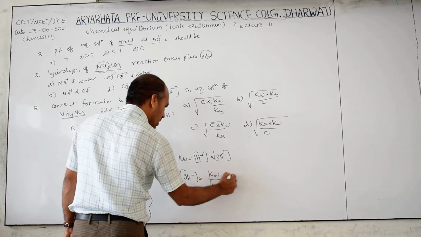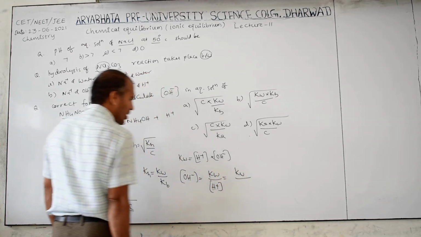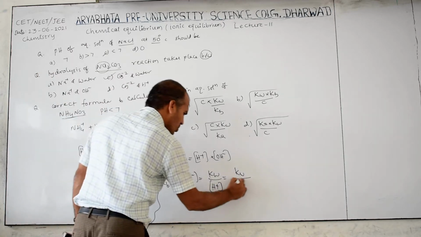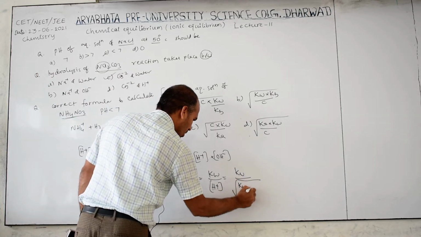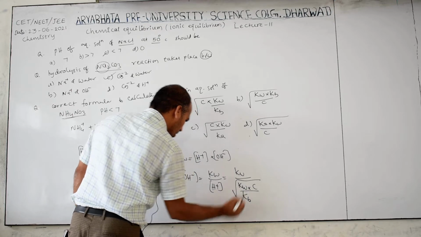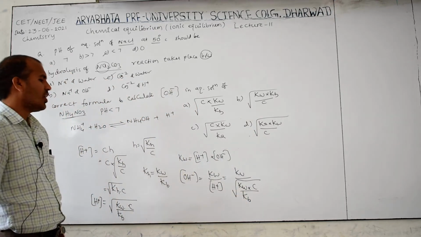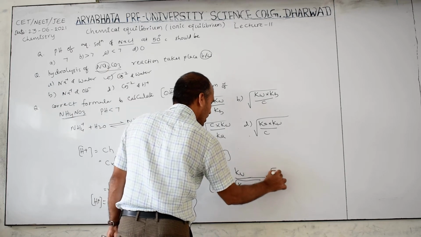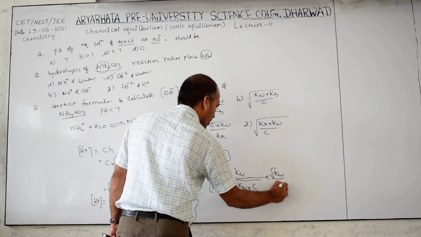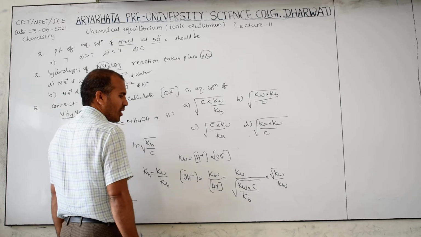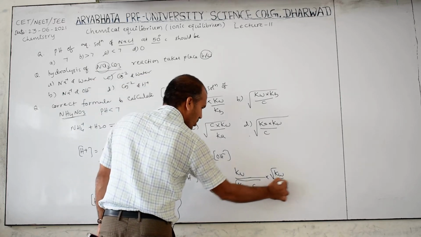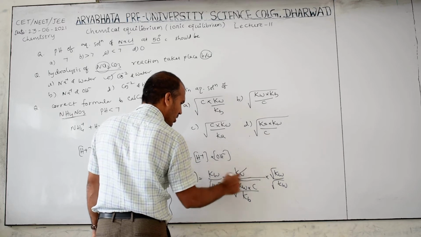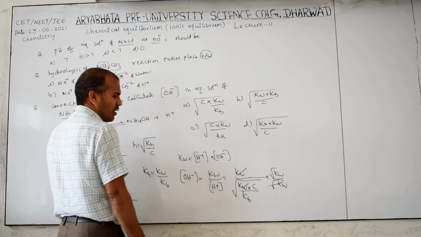The H plus ion concentration is root of Kw by Kb into C. If you rationalize, root Kw cancels.